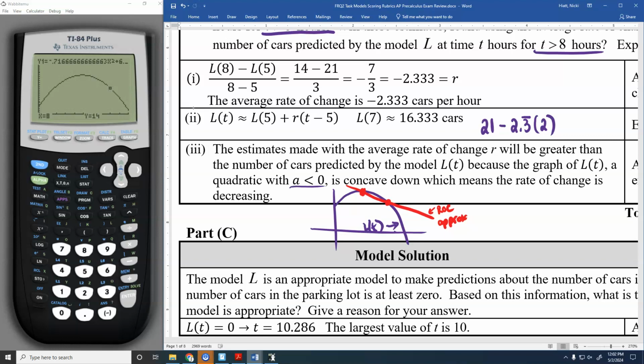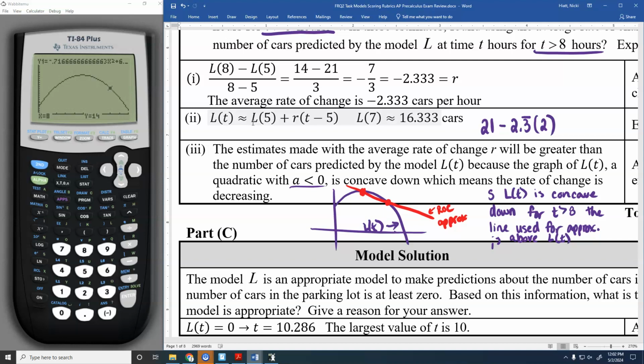something about since L of t is concave down, for t greater than 8, the line used for approximation is above or greater than L of t.